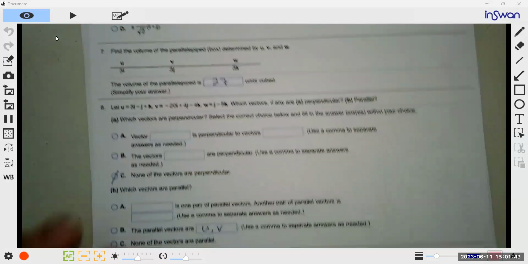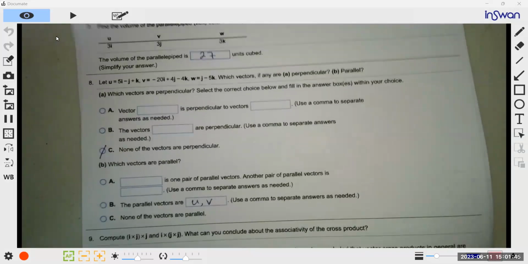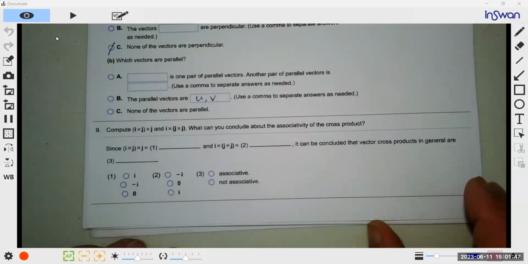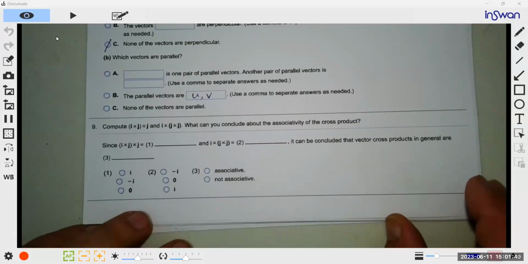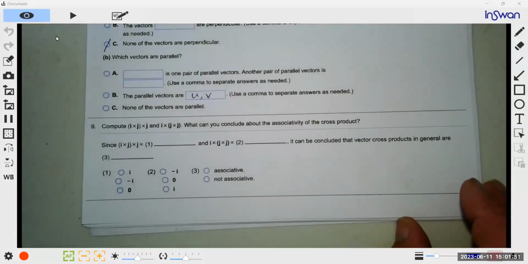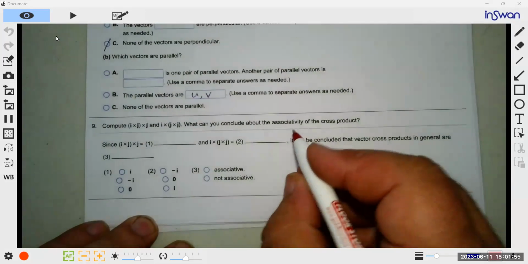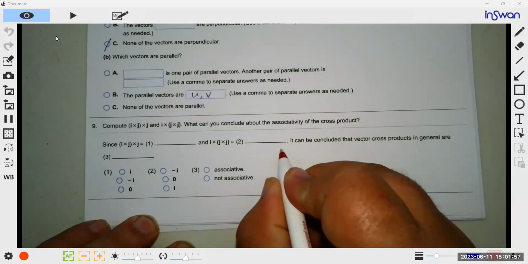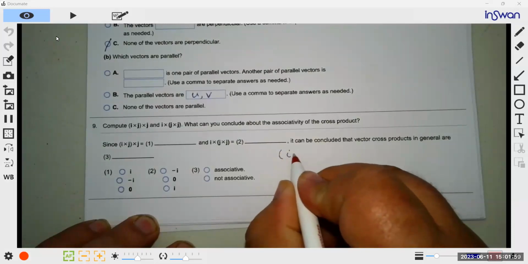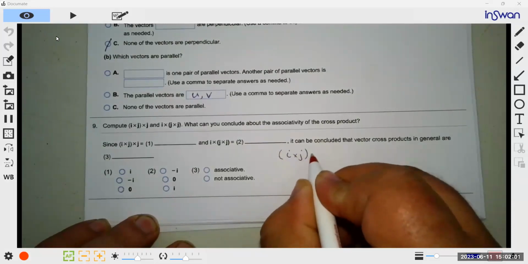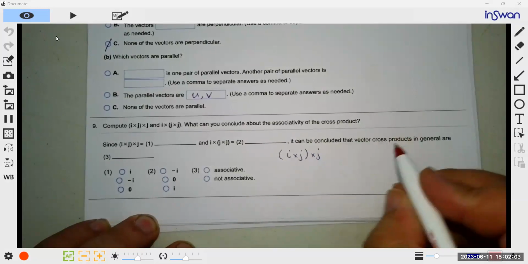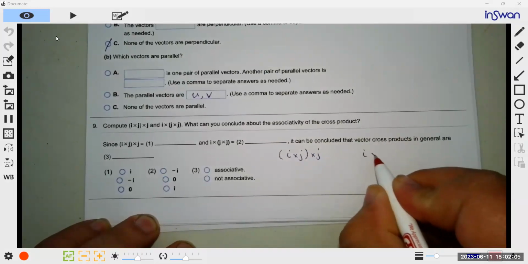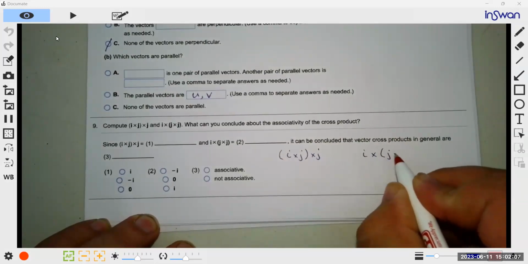I have the formulas in a second here. So the first one we have i cross j, and i cross j.